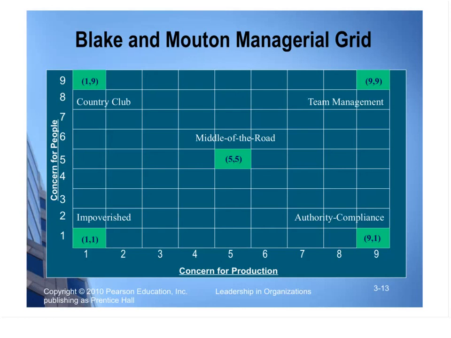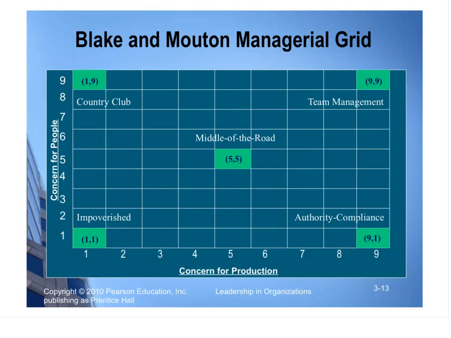So, if you could tell me what is the best part of this grid to be, as far as the concern for people or concern for production. So I want to know your opinion.